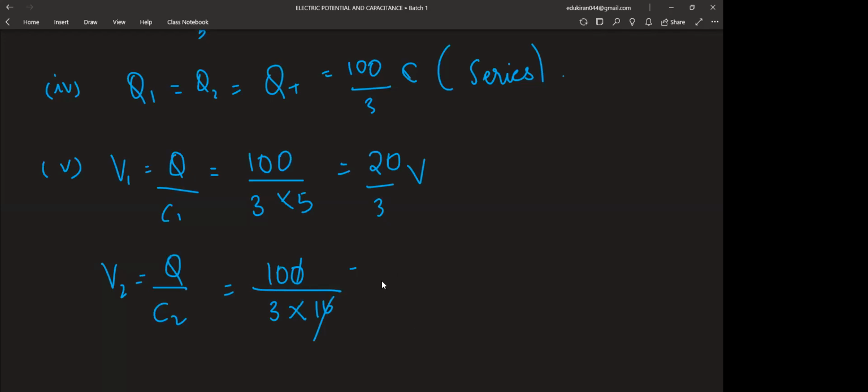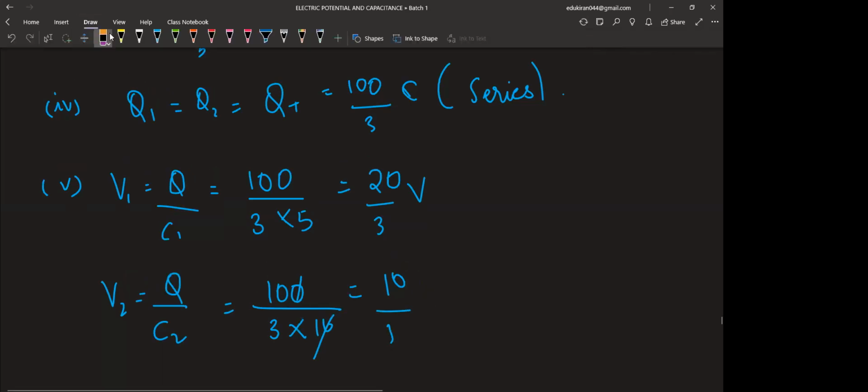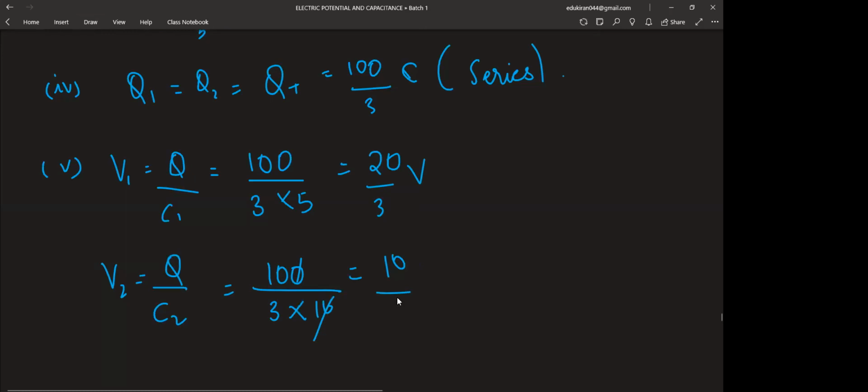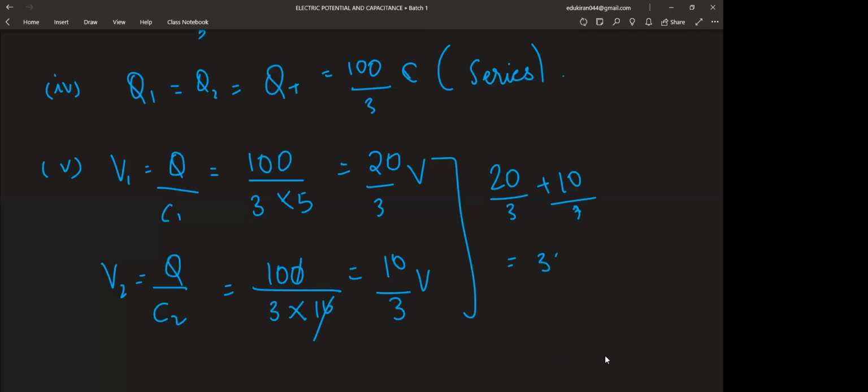Now, how do I know that whatever I have solved is correct? The potential portion, is it right? Charge, I can figure out by looking at the values. But how do I know that this part is correct? So see, if I add these two, 20 by 3 plus 10 by 3, I get 30 divided by 3, which is equal to 10 volt.